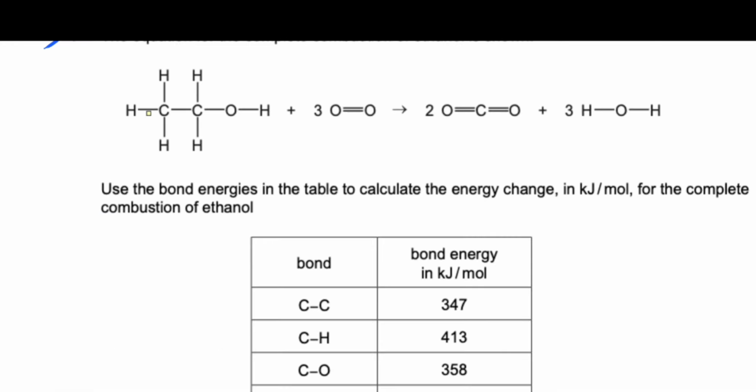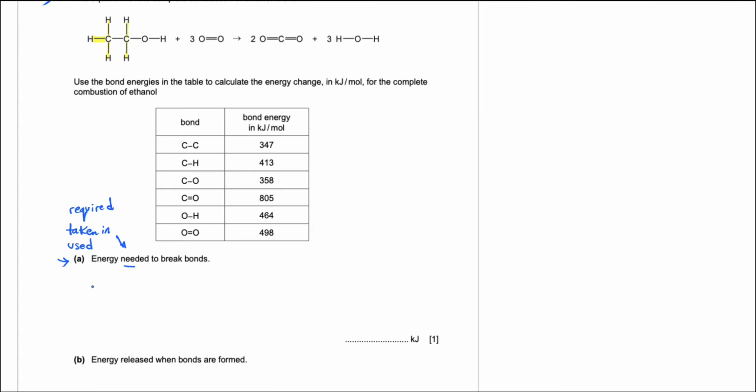So here in the reactant side, we have 5 bonds between carbon and hydrogen. This is 1, 2, 3, 4, and 5. So the total energy for bond breaking is 5 times the bond between carbon and hydrogen.